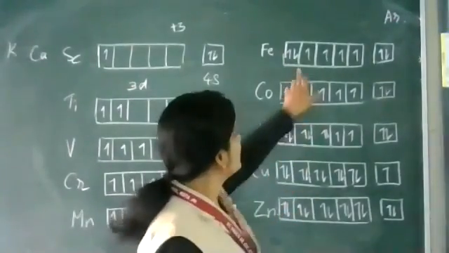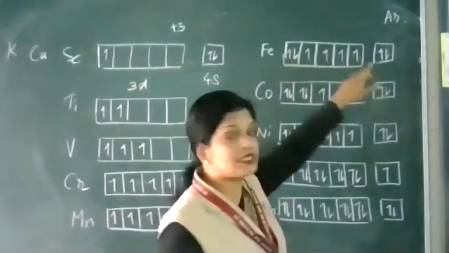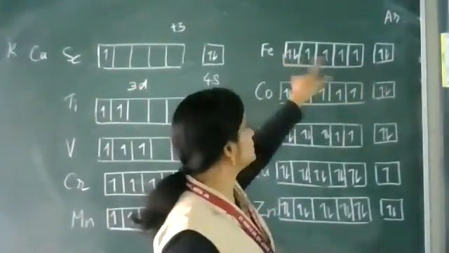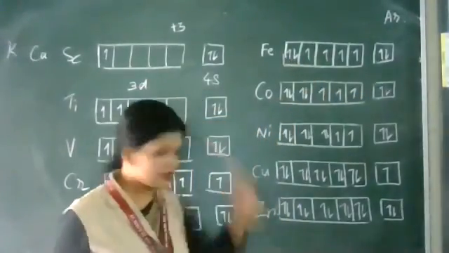Now here +3 is very easy for Fe, because after losing this and this electron it will attain d5 configuration.